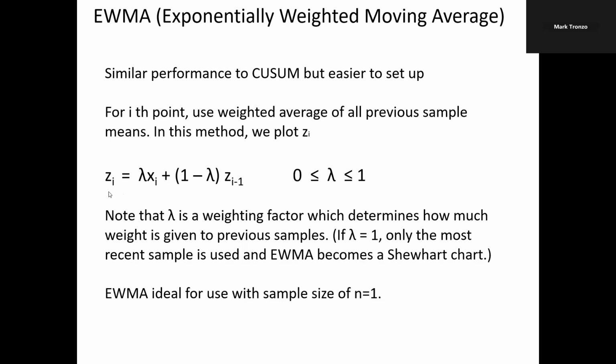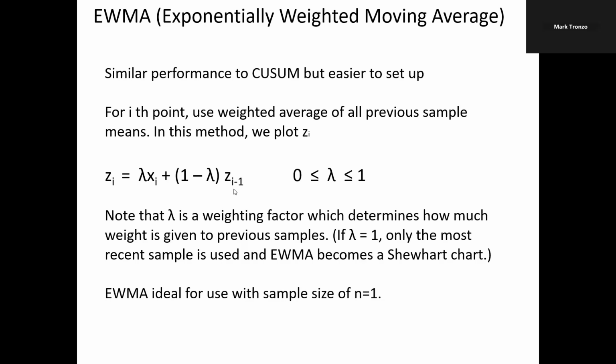For example, if i is 5, then it's going to be lambda times x, the fifth sample, plus 1 minus lambda times Z, the fourth sample. Notice this is i minus 1.